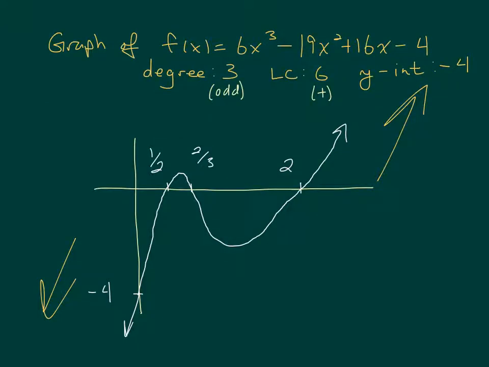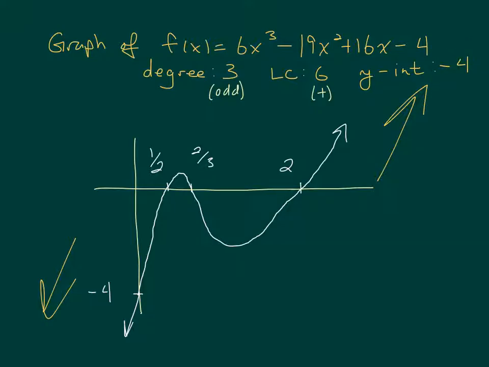So as a little added bonus here, we're taking a look at the graph of this polynomial which you were dividing to find the zeros. We successfully found the zeros in the last slide to be 1/2, 2/3, and 2. With some extra effort, you can find the information, the degree of 3, the leading coefficient of 6, and the y-intercept of -4.